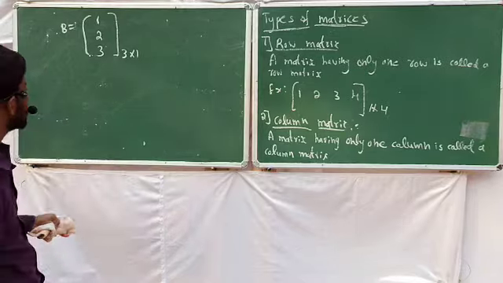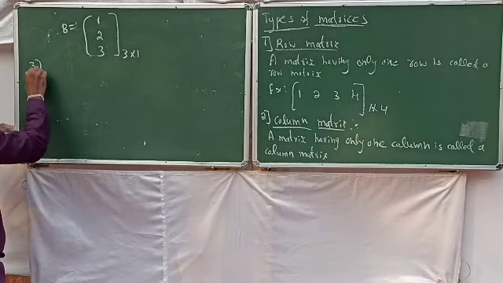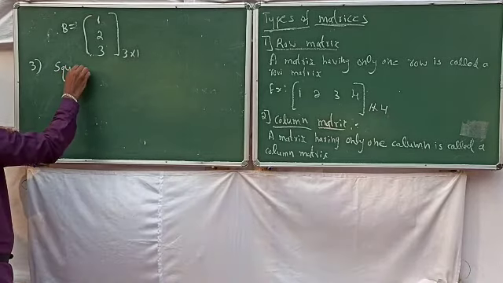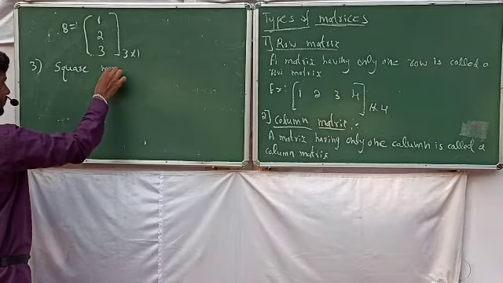Okay. Go to the third type. Third type is square matrix.